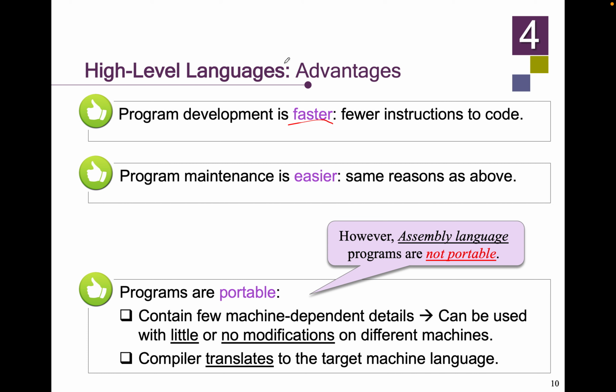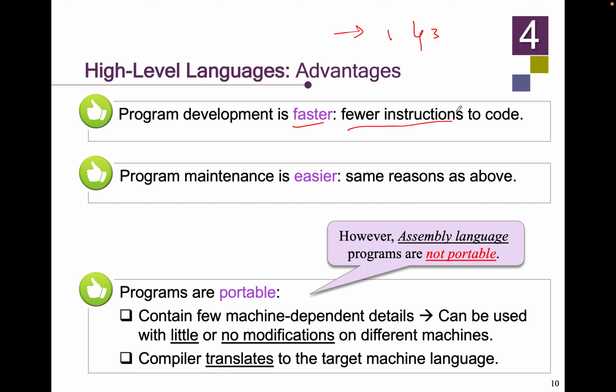If you are using assembly language, you might have 3 paragraphs, but in Java you just have 1 paragraph or 1 sentence. It represents 3 assembly language lines. So it is much faster because you just read 1 line, while assembly occupies 3 lines, which is called fewer instructions to code.